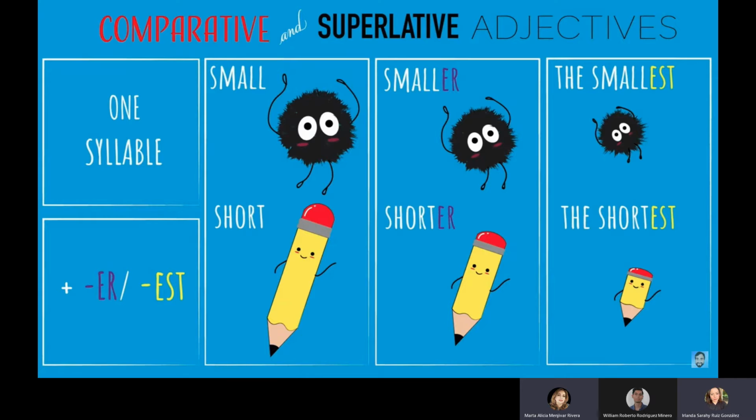Here are some examples of one syllable comparative and superlative adjectives. Small, smaller, the smallest. Short, shorter, the shortest.